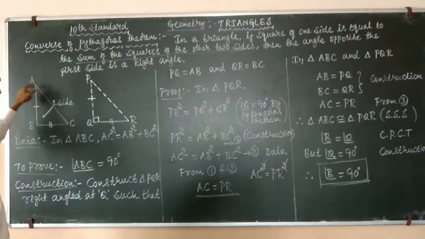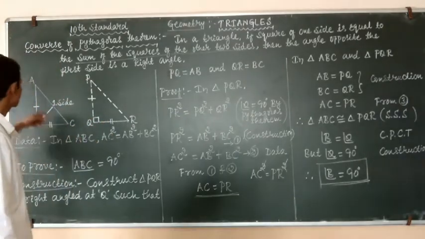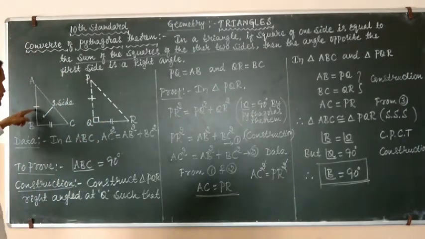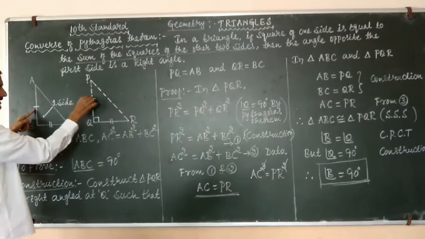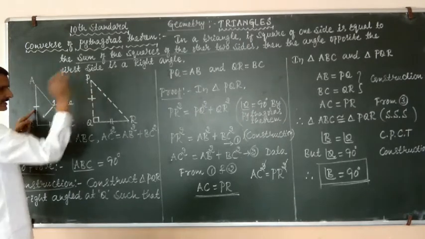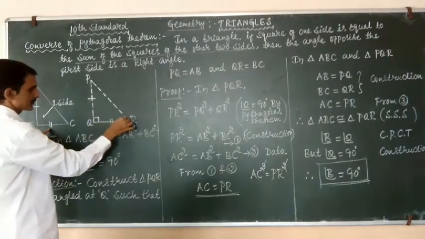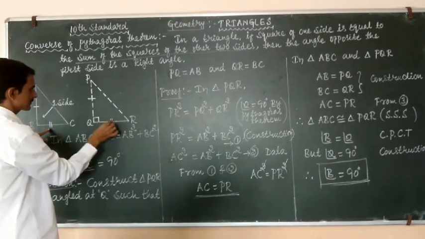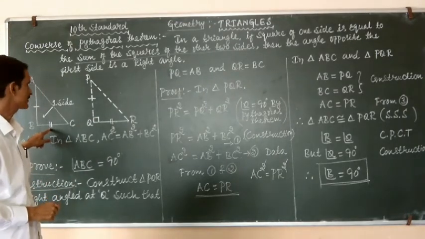In triangle ABC and triangle PQR, the length AB is equal to length PQ, from the construction. Similarly, length BC is equal to QR, also from the construction.